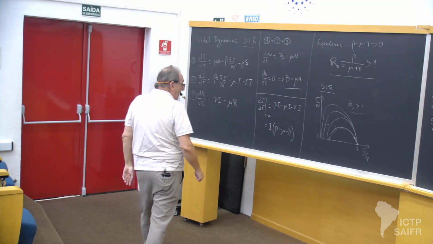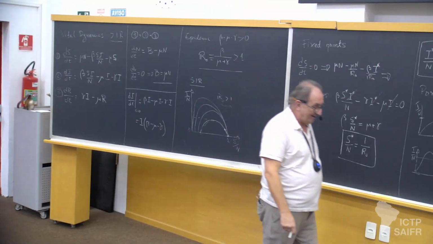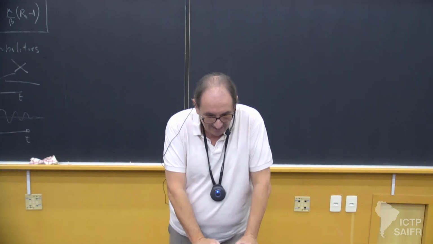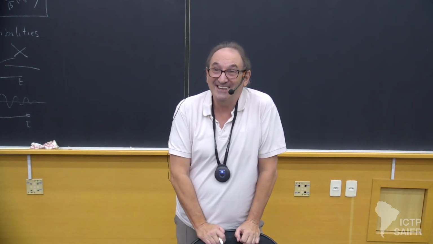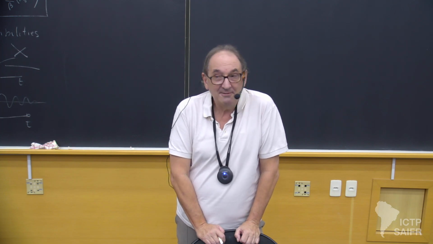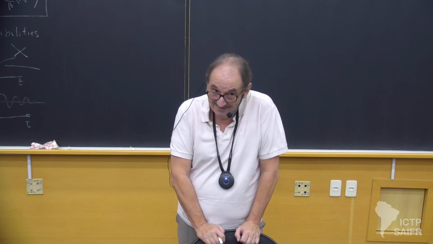I won't do these calculations because that will go exactly in the same way as Renato's class yesterday about the case where we had waning immunity, but we also had seasonality. This was meant to be a model for influenza.